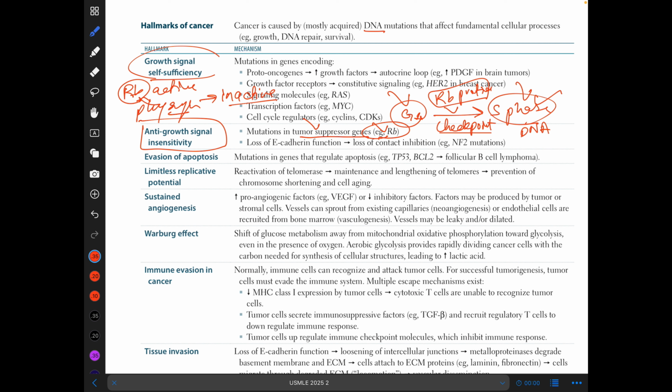The next thing for anti-growth signal insensitivity is the tumor suppressor gene. If tumor suppressor genes are inactive, then there is nothing else that can stop the growth of cancer. Taking loss of E-cadherin function: E-cadherin is a calcium-dependent transmembrane glycoprotein that plays a crucial role in cell adhesion, particularly in epithelial cells.